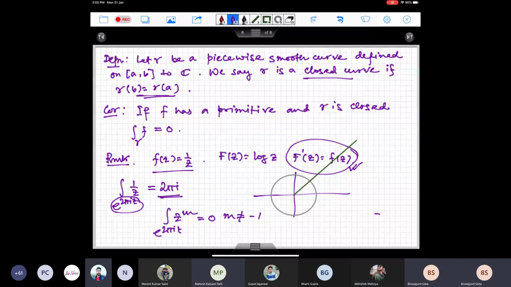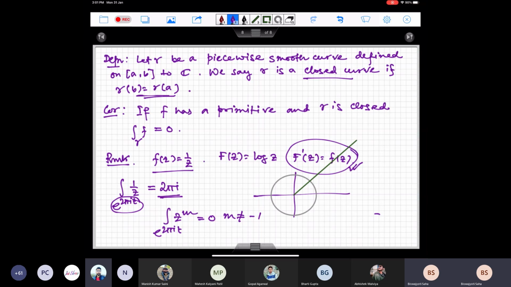So if m is not equal to minus 1, whether m is positive or negative doesn't matter, in all these cases they have a primitive either on C or in C minus 0. Is it clear to all of you? If m is not equal to minus 1, then z power m has a primitive, no matter what m you take, positive, negative, I don't care. As long as it's not equal to minus 1, it has a primitive in C minus 0.